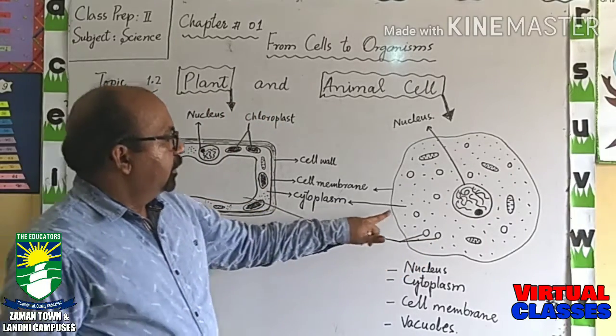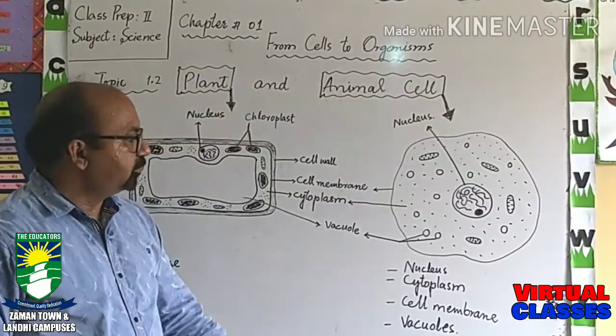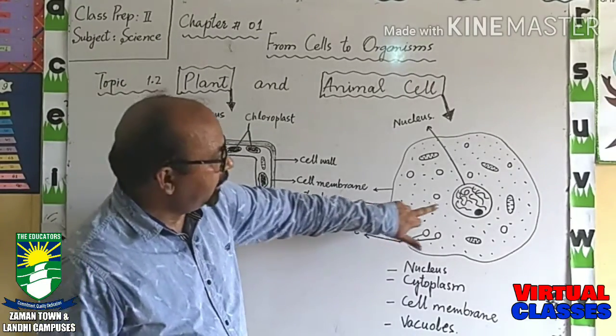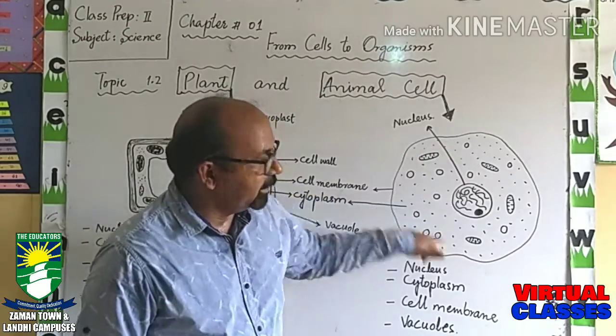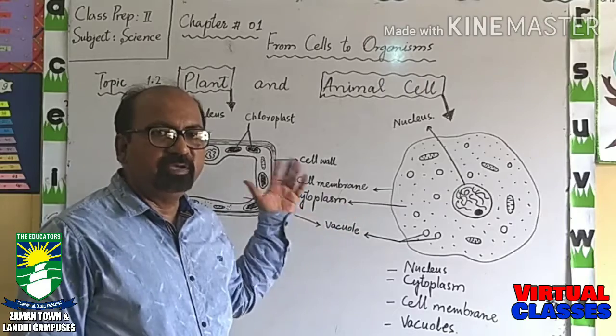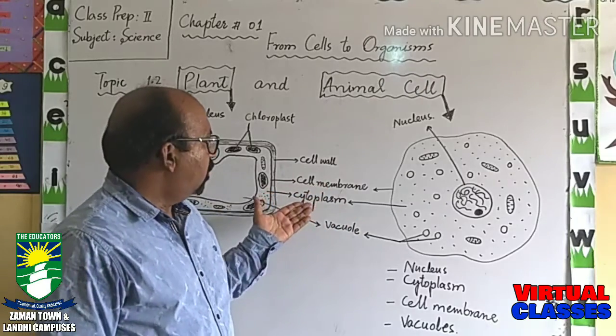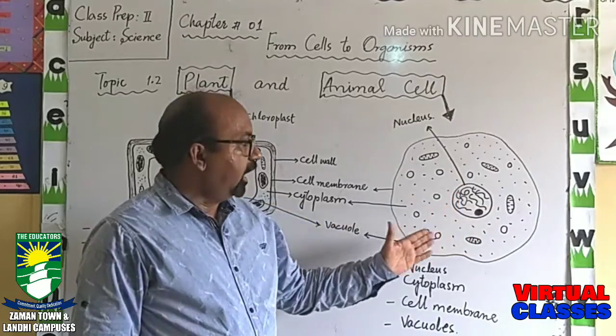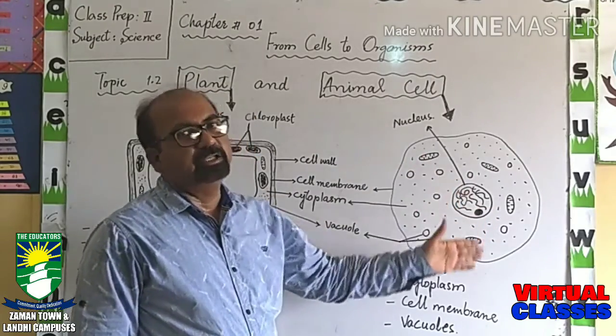So this is called cytoplasm. From the cell membrane till the nucleus, all is cytoplasm. It's a jelly-like substance, as we have discussed, and all the smaller organelles are present in the cytoplasm.